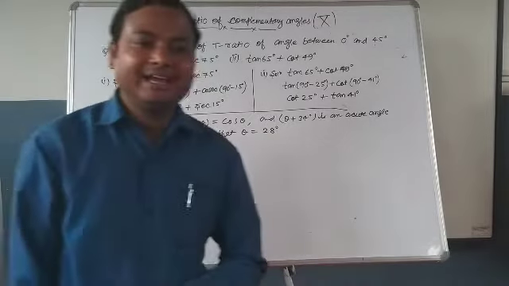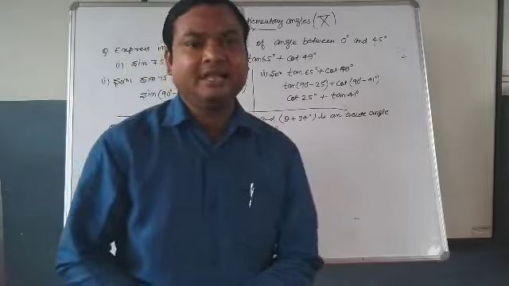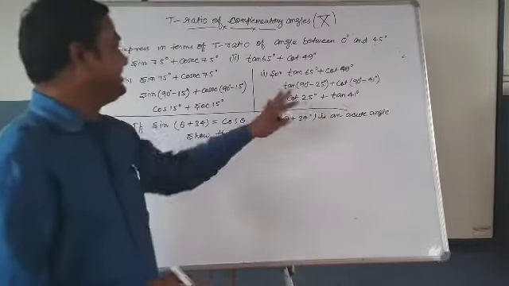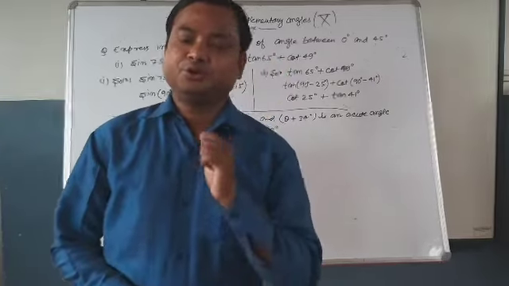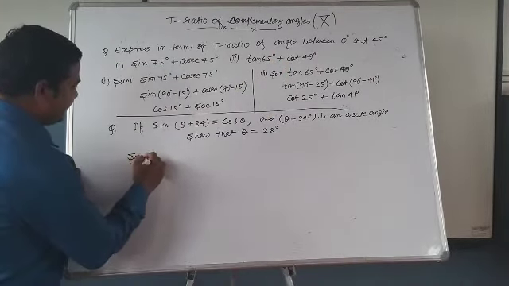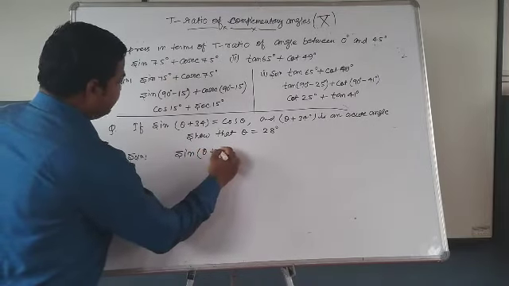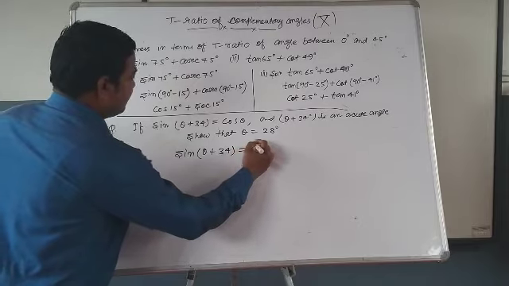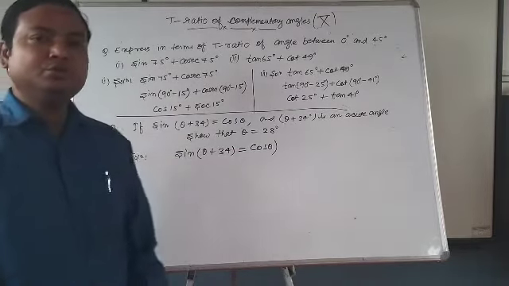We have to show that if sin (theta plus 34) equals cos theta and theta plus 34 is an acute angle, then theta equals 28. Now how to solve this one? It's so easy.